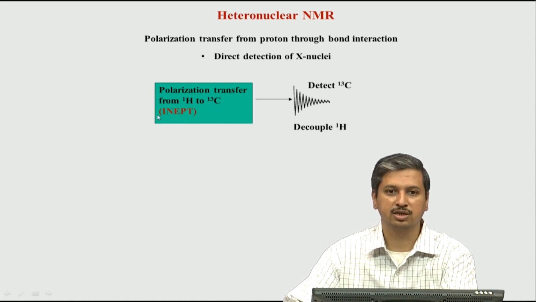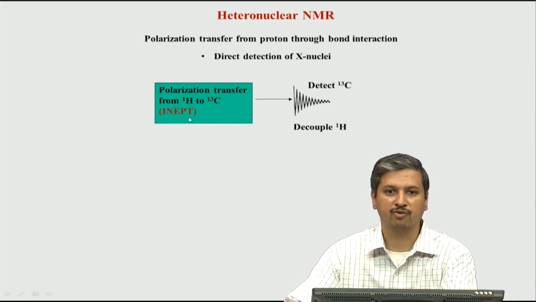As I said, this is not just a block like this, it is going to consist of a sequence of pulses. A sequence of pulses together constitute a block which we call INEPT. We will see the picture of INEPT a little bit later, but as I said, we will not go into detail of how this sequence of pulses achieves the transfer. So, let us assume that it does it somehow.